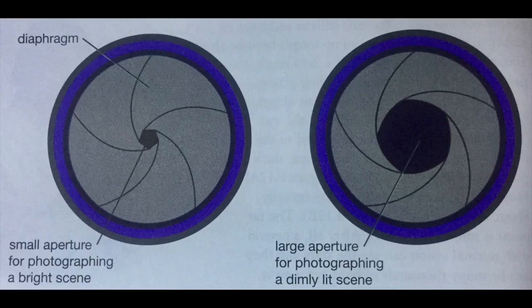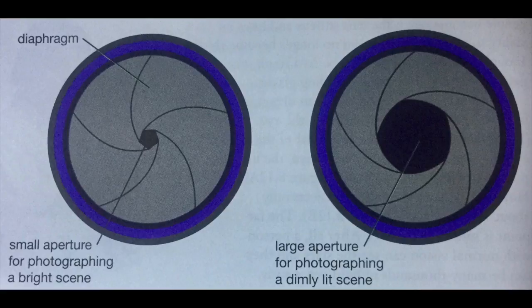In this case, the camera's diaphragm and shutter can be adjusted to allow the correct amount of light to reach the film. The diaphragm is a device that controls the aperture, the opening, of a lens or optical system. The shutter is a device that limits the passage of light.